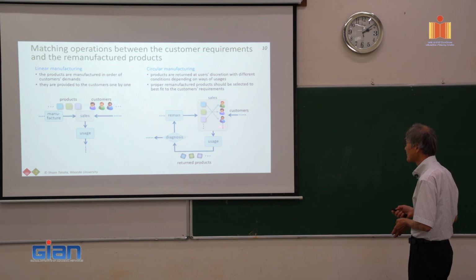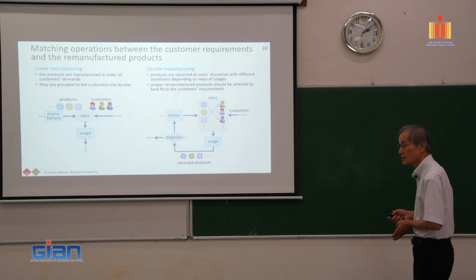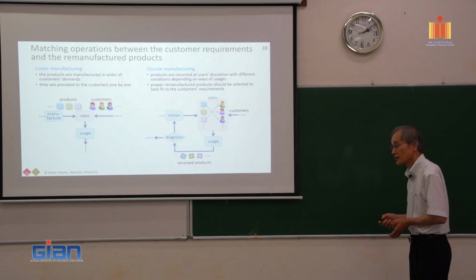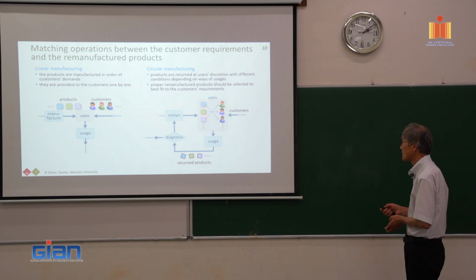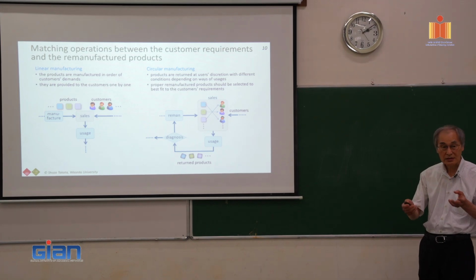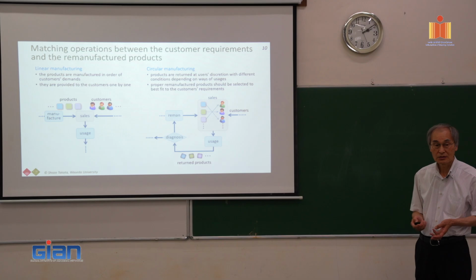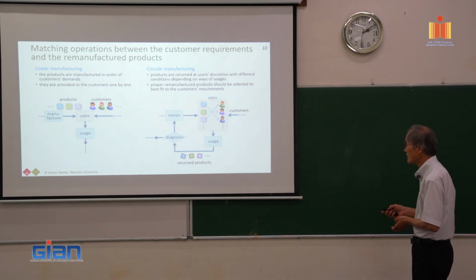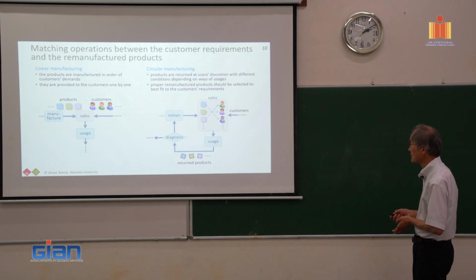There are groups of customers with different requirements, and you may have a stock of returned products with different conditions, so which product matches whose requirement? This kind of matching operation is necessary to make the reuse operation effective.